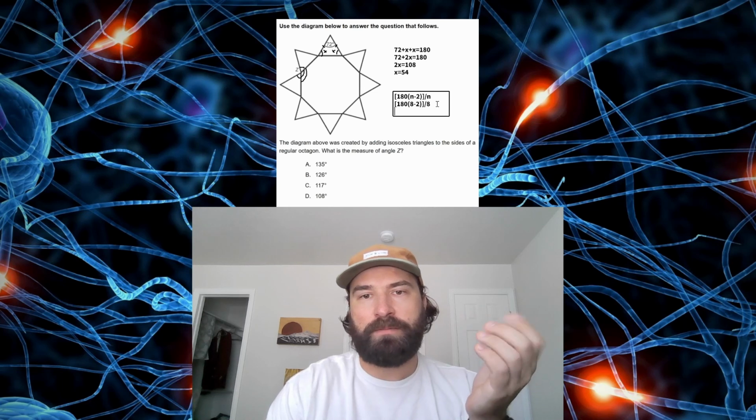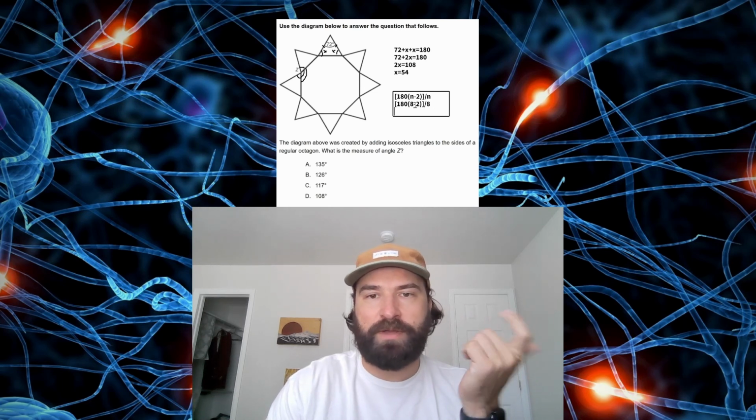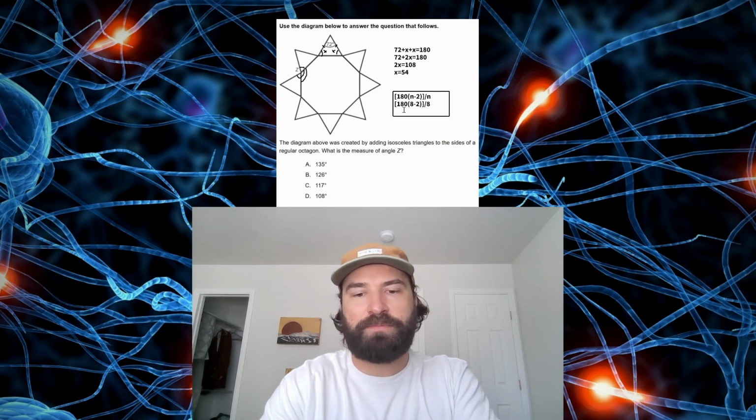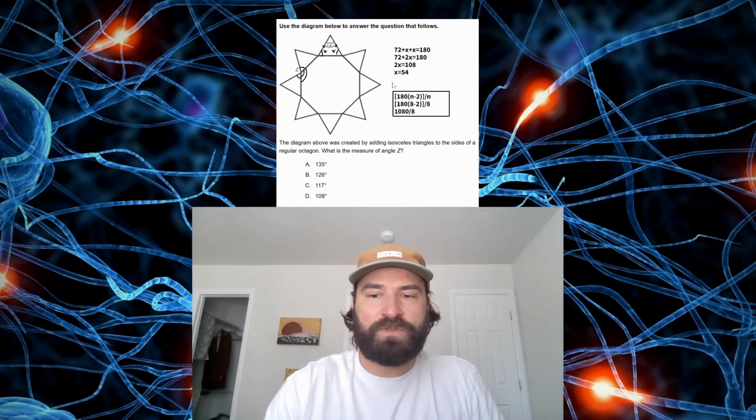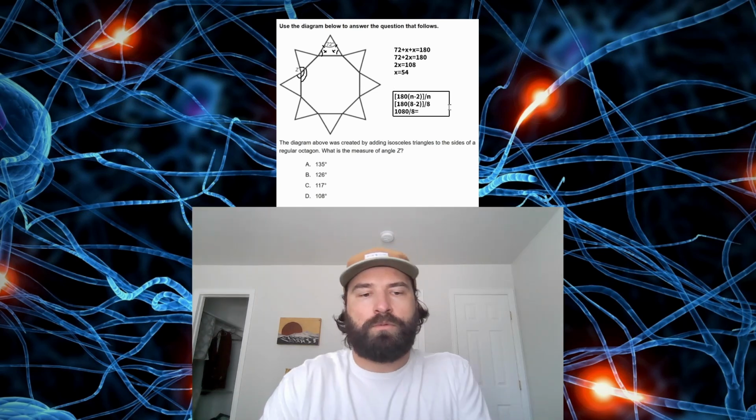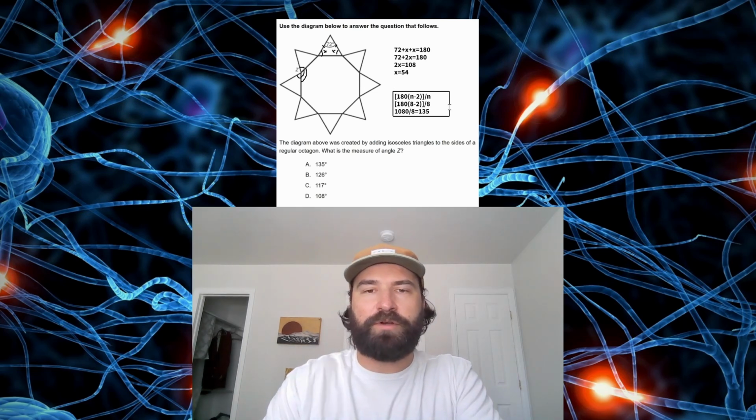So 180 times 8 minus 2. 8 minus 2 is 6, times 180 ends up being 1080. So that's the total sum of all of the angles on the inside, and then we're going to divide by 8 to find the measure of that interior angle, which ends up being 135 degrees.